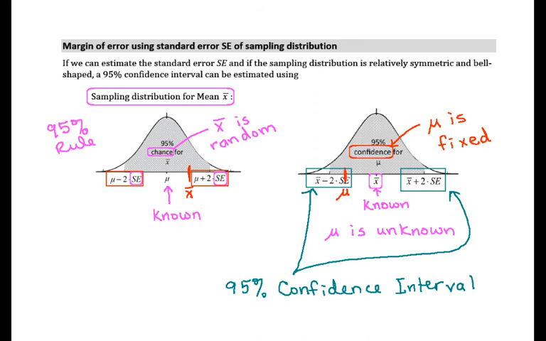And that tells us also that the margin of error in this case looks like it is equal to 2 times the standard error, since that's the value that we added and subtracted in order to get from our estimate to the upper and lower bounds of our estimate for the parameter.